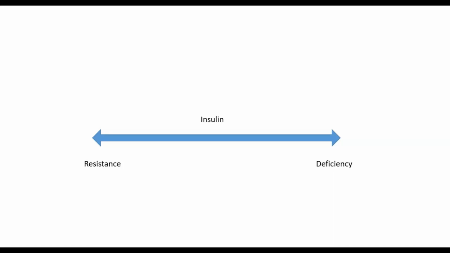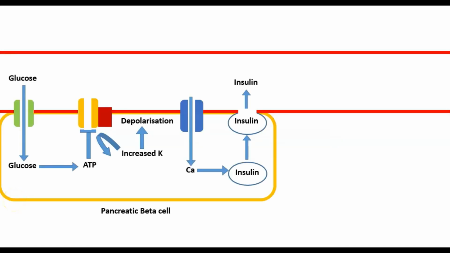Now that we understand this diabetes spectrum in terms of insulin resistance on one end and insulin deficiency on the other, we can move on to talk about the normal functions of insulin in maintaining glucose homeostasis. Our body has an amazing mechanism to be able to maintain our blood glucose level at a stable range of around 4 to 7 millimoles per liter, as we need glucose to be constantly delivered to all the cells in the body to be able to undergo metabolism to produce ATP for cellular processes.